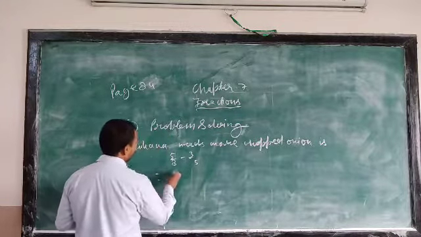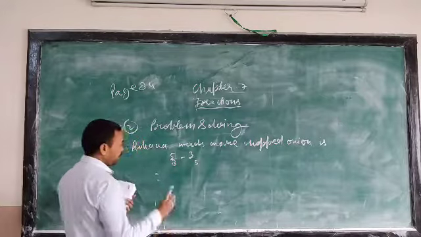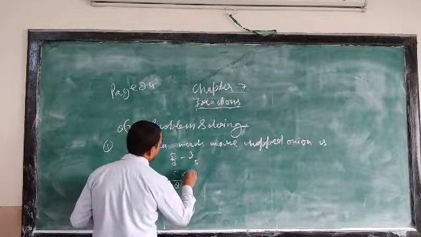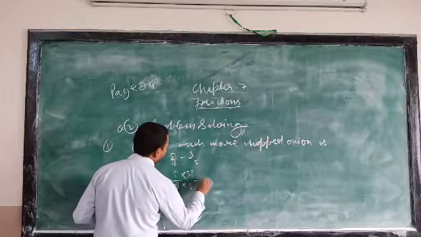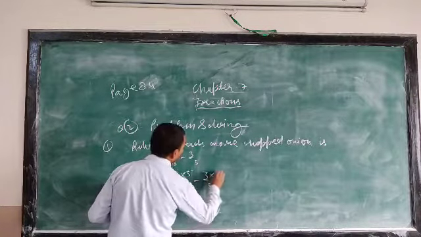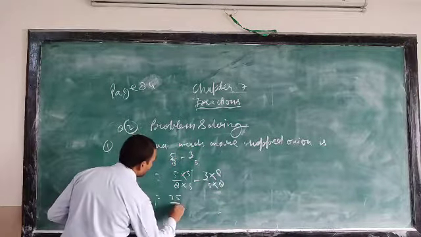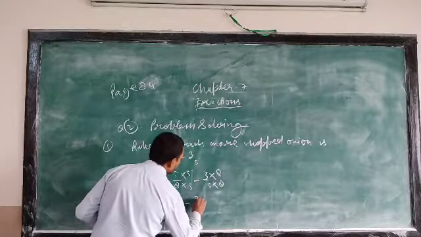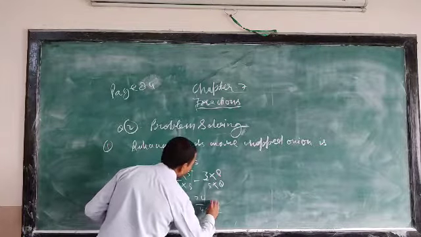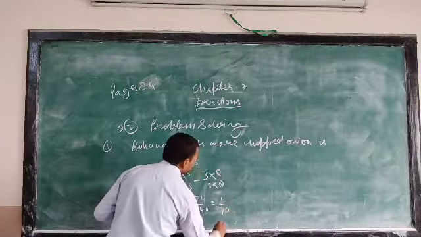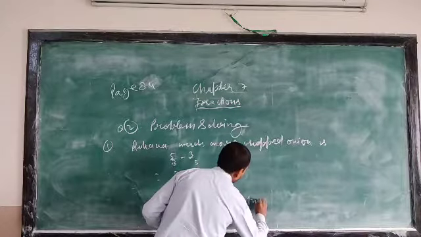Both are unlike fractions. The LCM of 5 and 8 is 40. 5/8 multiplied by 5, 3/5 multiplied by 8. So 25/40 minus 24/40. If you solve, 1/40 is the answer.